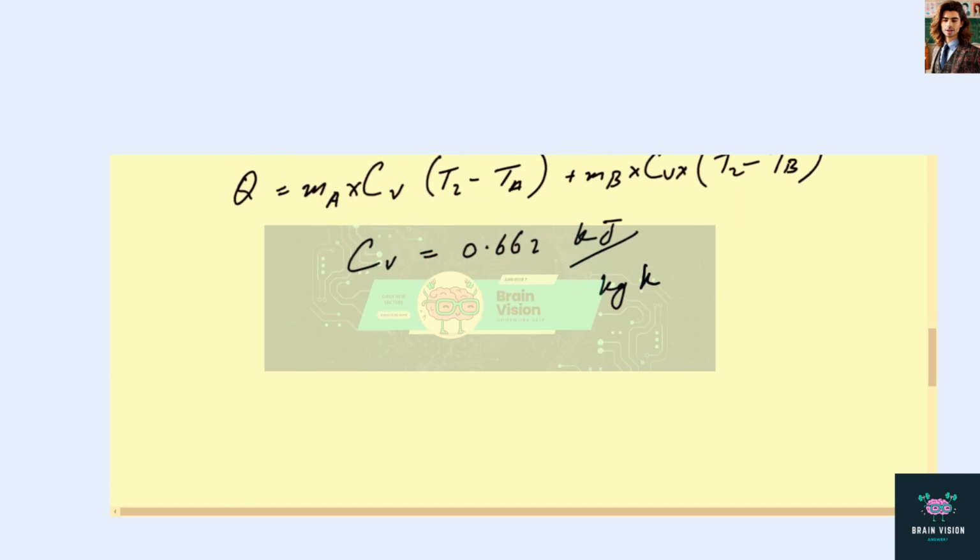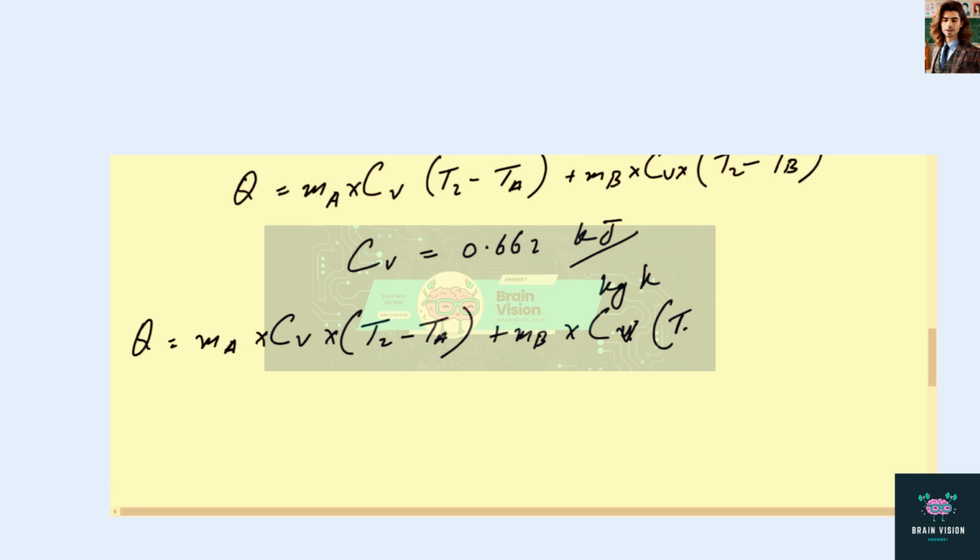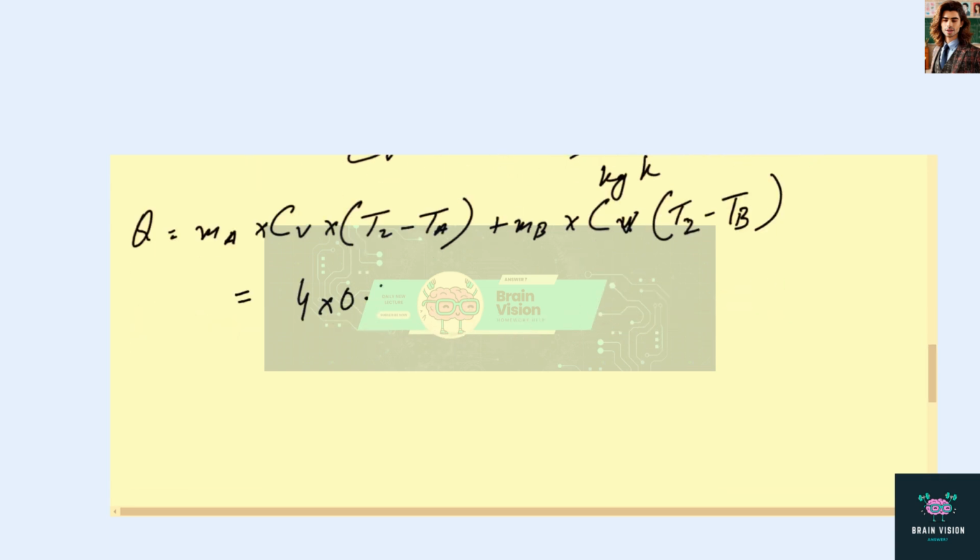Now we can substitute our values and we obtain Q is equal to MA into CV into T2 minus TA plus MB into CV multiplied by T2 minus TB, and that is equal to 4 into 0.662 multiplied by 20 minus 15 plus 4 into 0.662 multiplied by 20 minus 60.